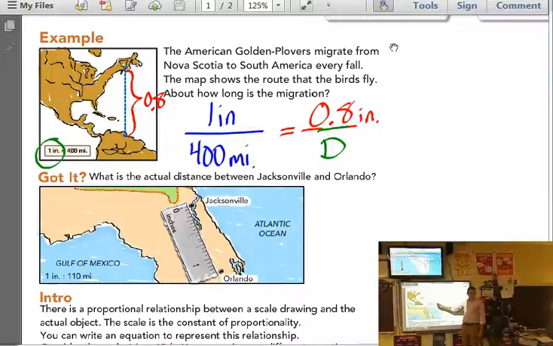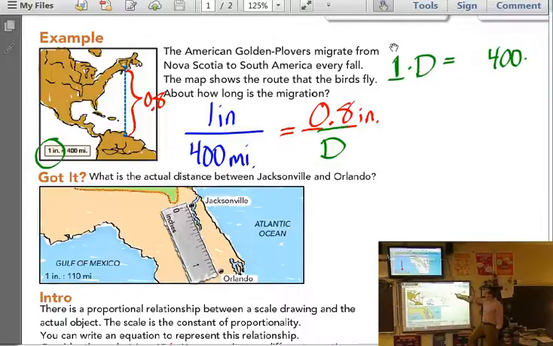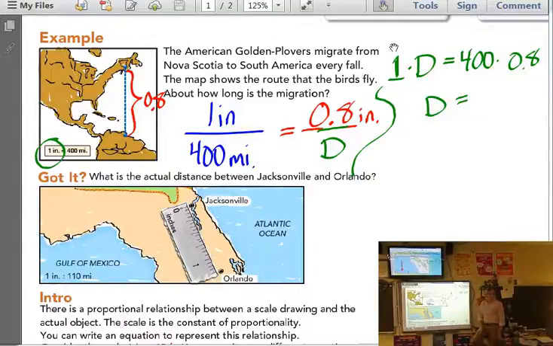I just get d. So I get 1 times d, the unknown distance, equal to 400 times 8/10. Then when you do 400 times 0.8, whatever you get, you just divide by 1. We don't divide by anything, because dividing by 1 wouldn't do anything.